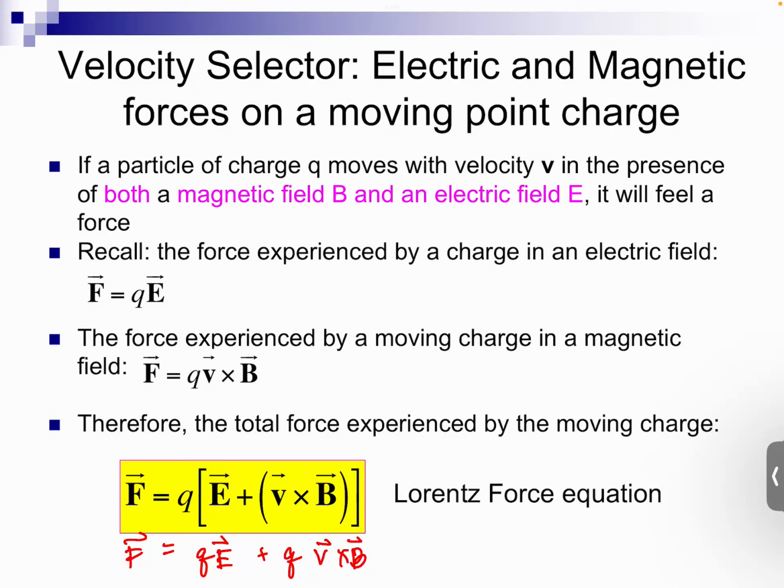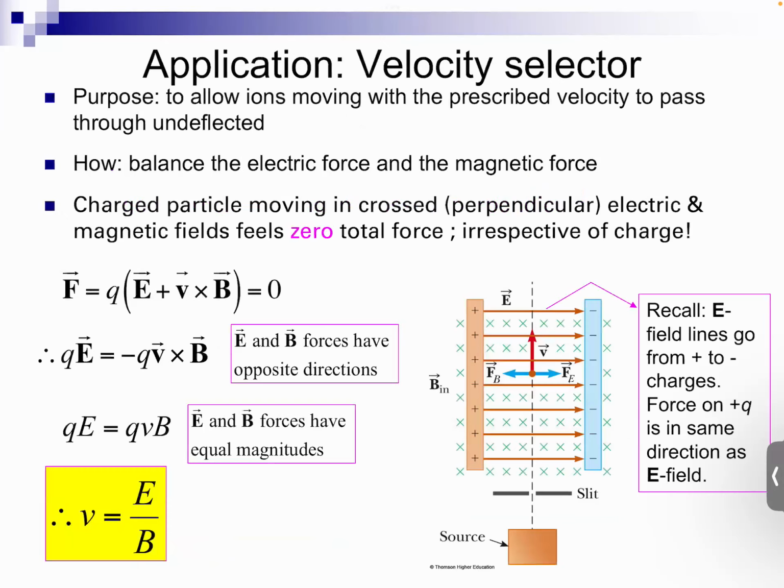Okay. And the combined force is what is called the Lorentz force equation. But the idea is that the electric force should balance out the magnetic force so that the net force is equal to 0, right? If the net force is equal to 0, that means the electric force is equal to the magnetic force in magnitude. The negative sign just tells you that the directions need to be opposite, right?